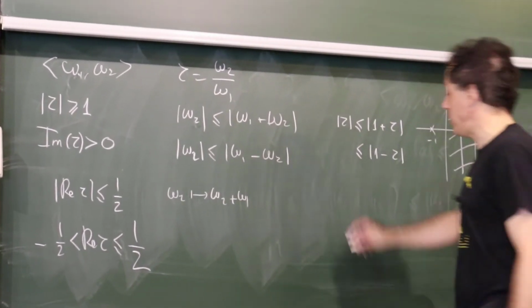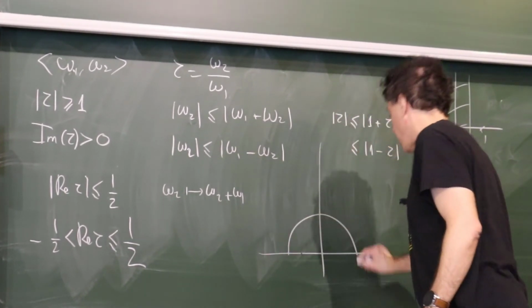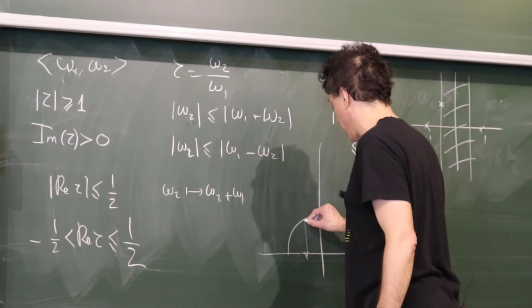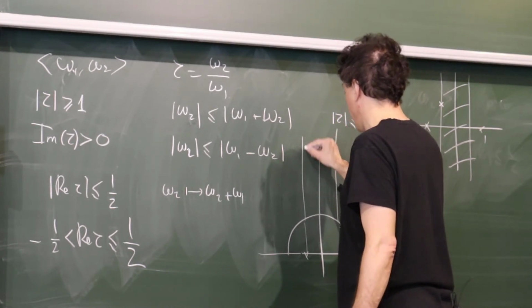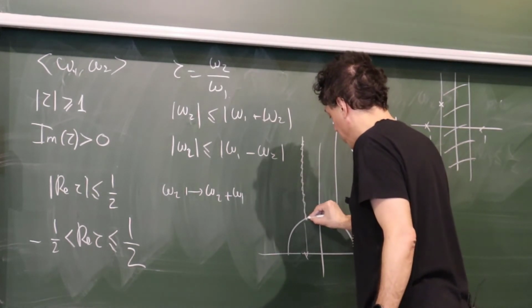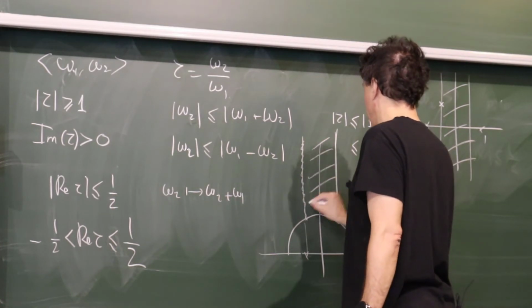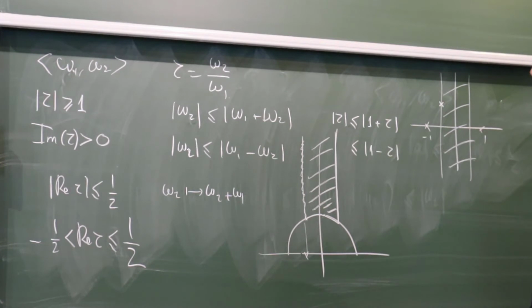So for the moment tau is in the upper half plane, outside the circle of radius 1, and within this strip. It could be here, it could be here, or it could be here. So tau is a point that could be here.